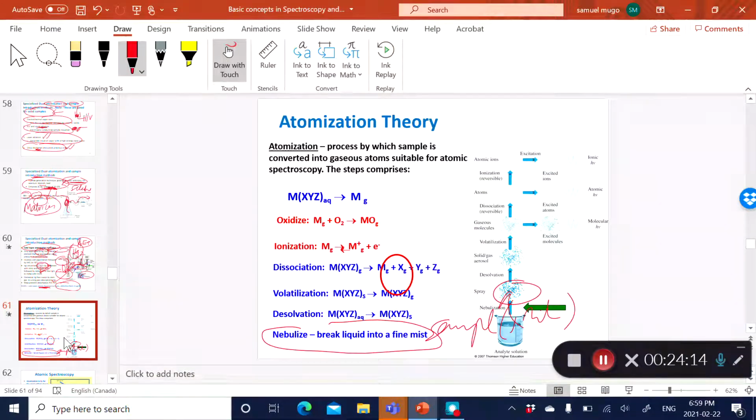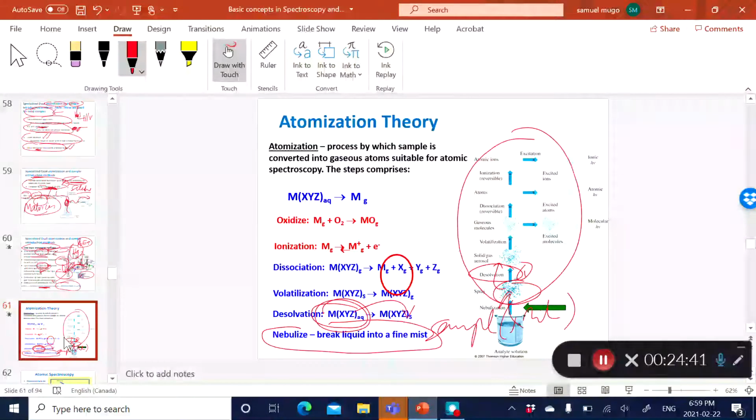So the next step is you push this mist into the atomizer. And in the atomizer, all these steps are actually taking place. The very first step that happens in the atomizer is to get rid of the liquid using the process referred to as desolvation. Meaning you're gonna get your sample, and then you remove any solvent that is present, essentially through vaporization, right?